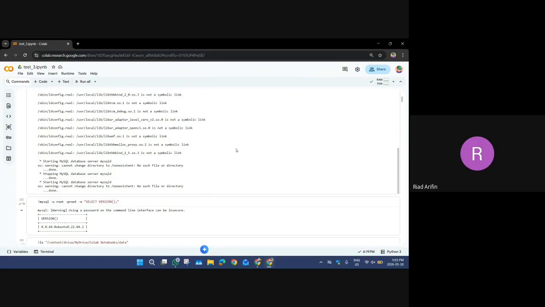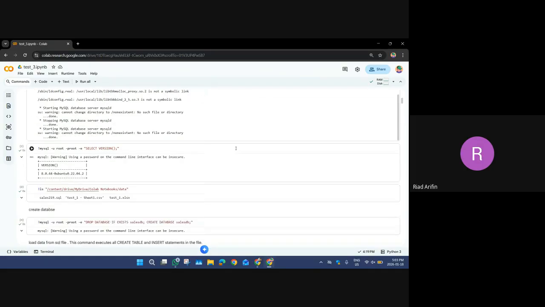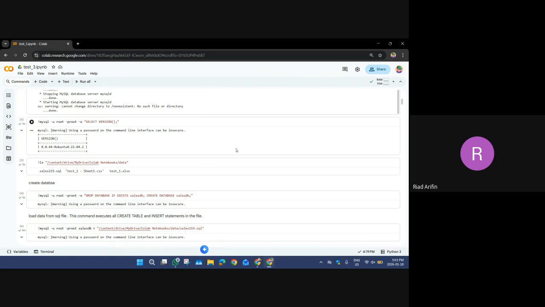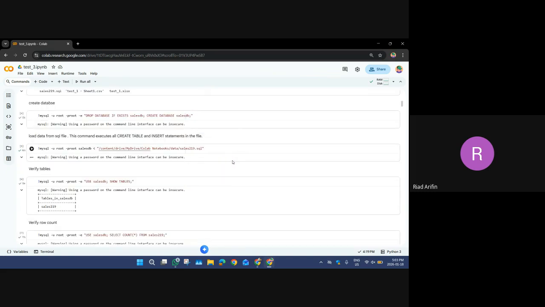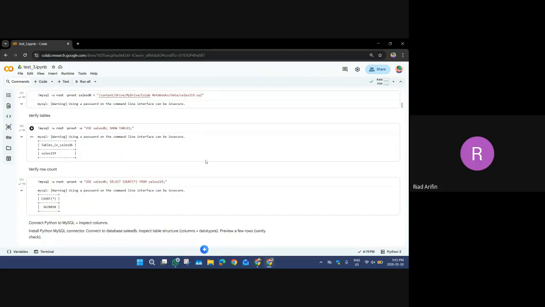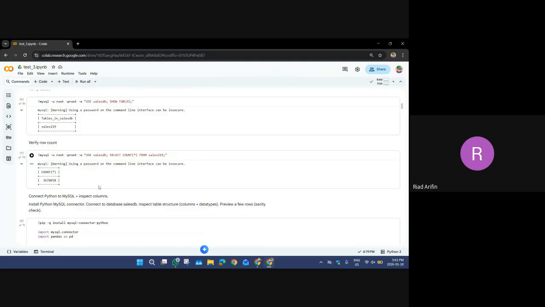After that, we also needed to connect to MySQL server, created a DB for it, and then imported the data. We were successfully able to import more than 3 million rows for our experiment.